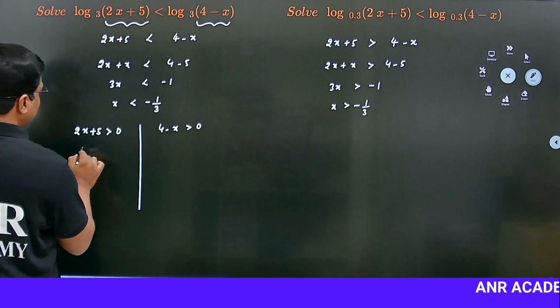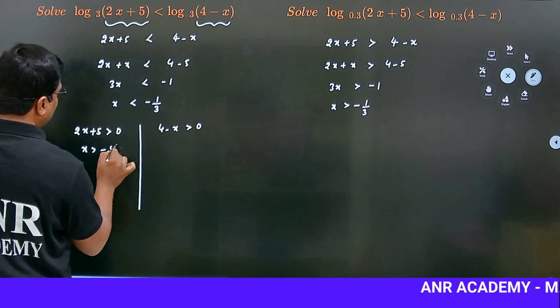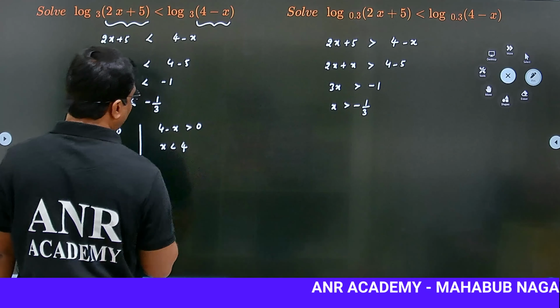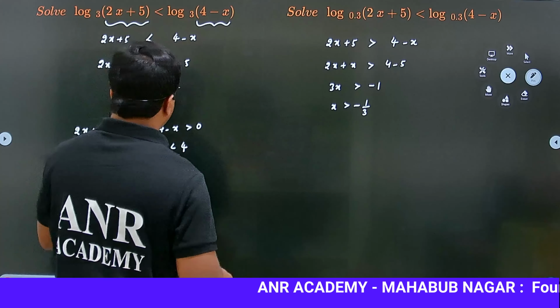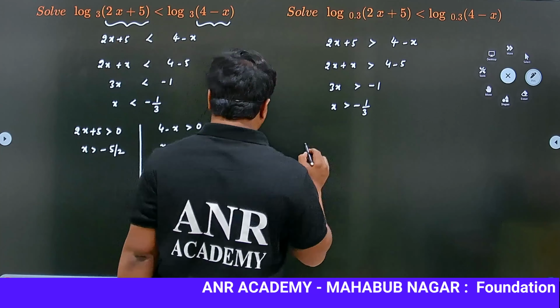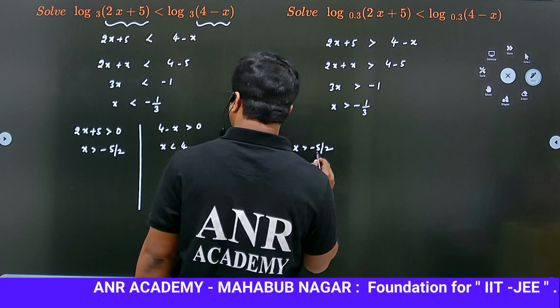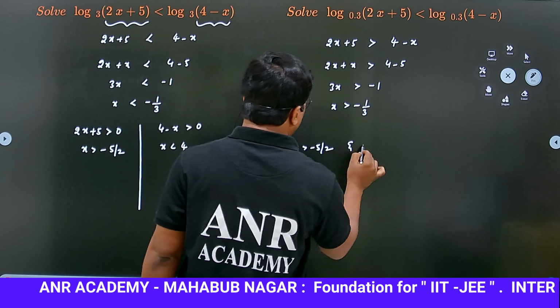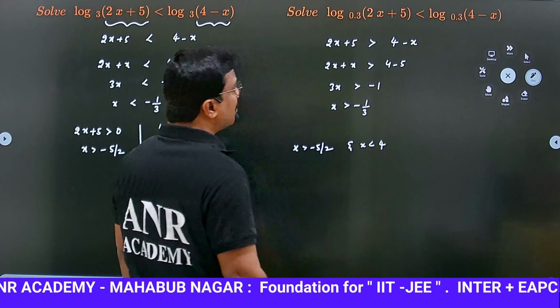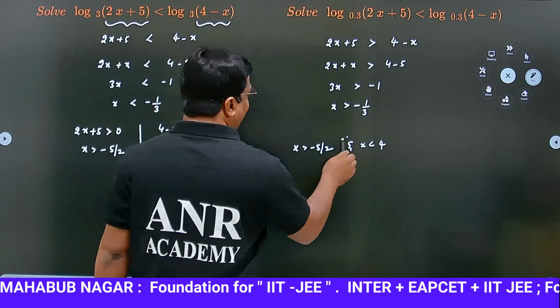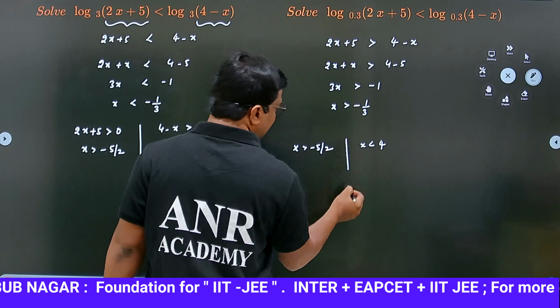It means x is more than minus 5 by 2 and x is less than 4, remember. The same condition is applicable here. I am going to write x value more than minus 5 by 2 and x value less than 4. These are the two conditions you have to apply in the solution.